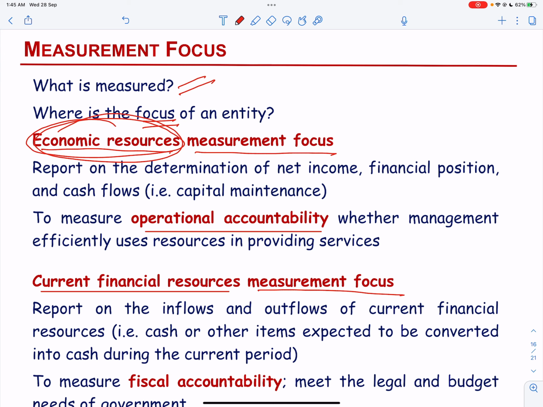So, the financial resource focus is on the inflow and outflow of current financial resources, and the current financial resources are cash or other items expected to be converted to cash in the current period. It measures the physical accountability, that is the legal and budget needs of the government. So, the current financial resource measurement focus is used by the government funds.